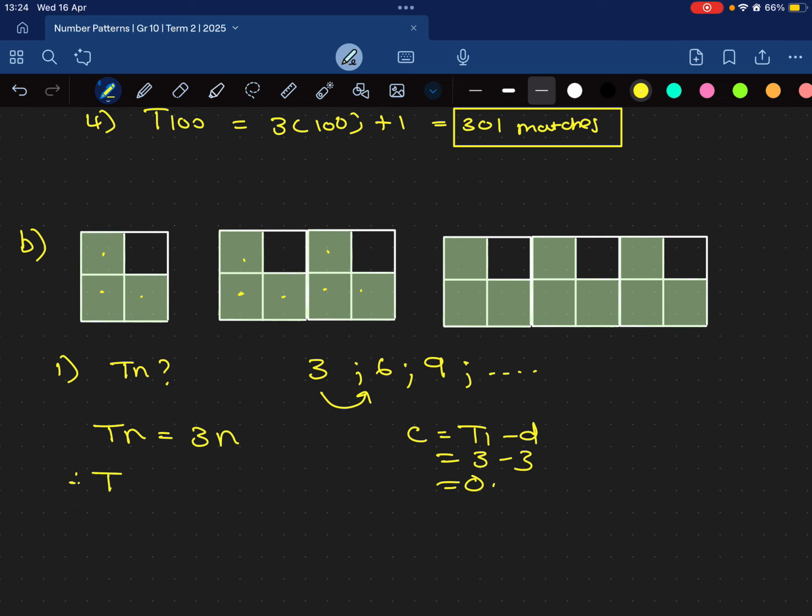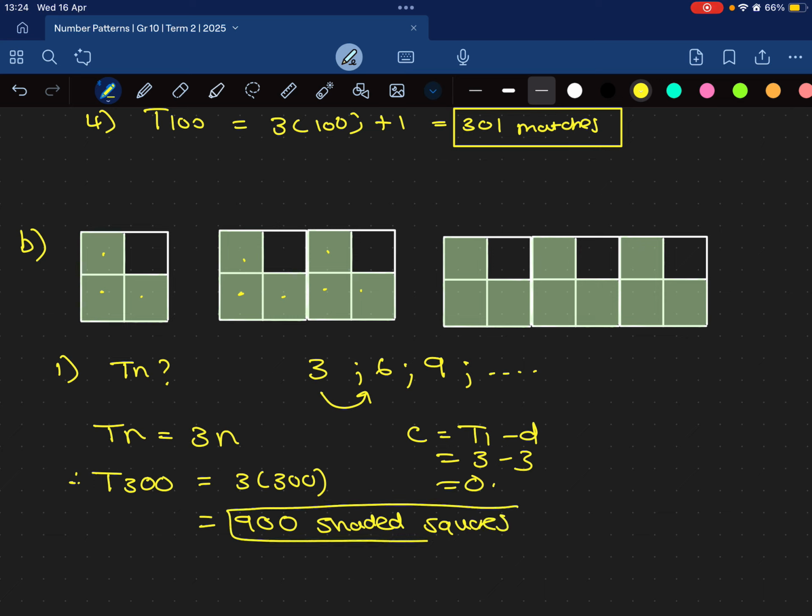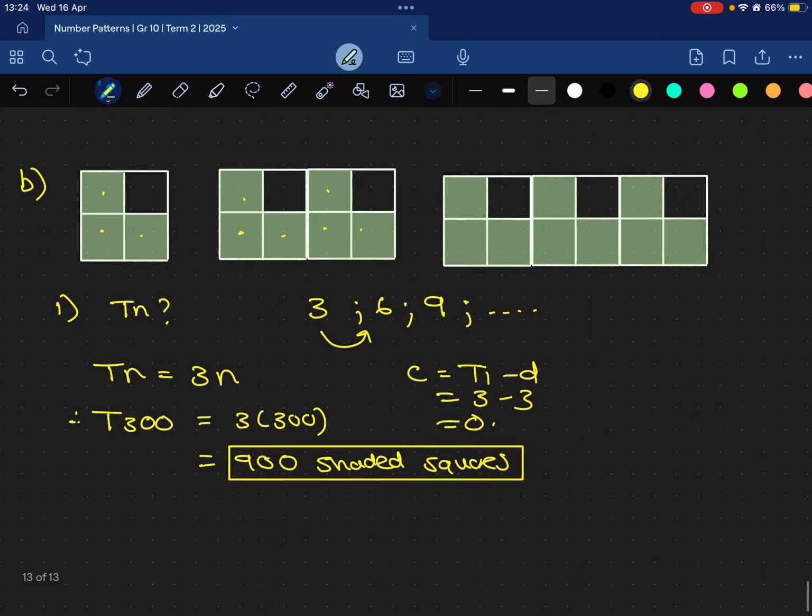They want to know how many there are in the 300th pattern, which is 3 times 300, which is going to be 900 shaded squares. Then which diagram will contain 1500 shaded squares?